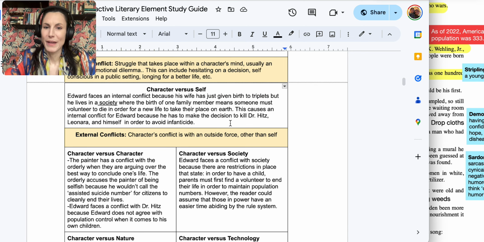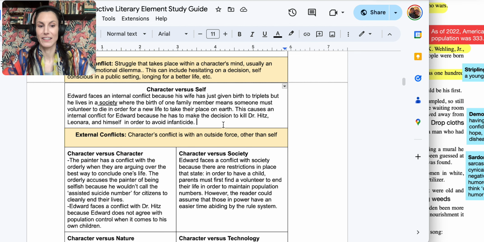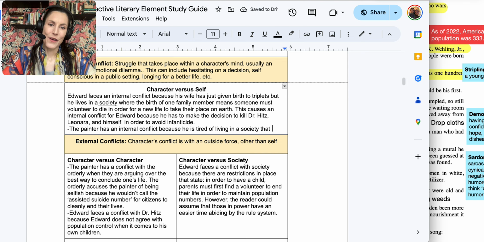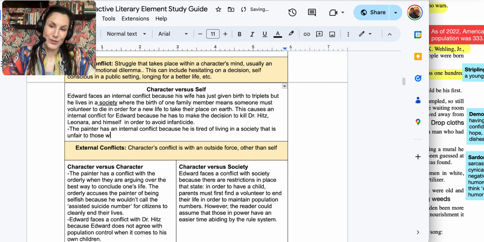We can also say the painter had a character versus self conflict. Actually, the painter has an internal conflict because he is tired of living in a society that is unfair to those who cannot find someone to volunteer death in order to have a family.